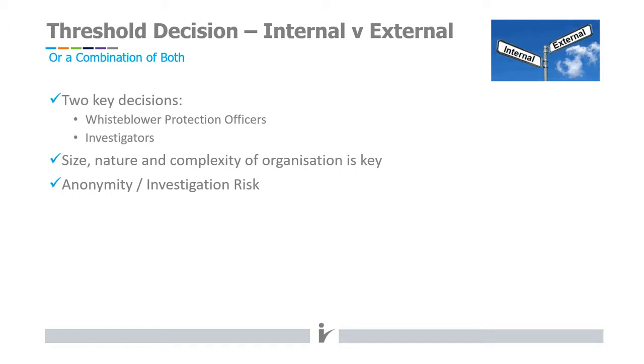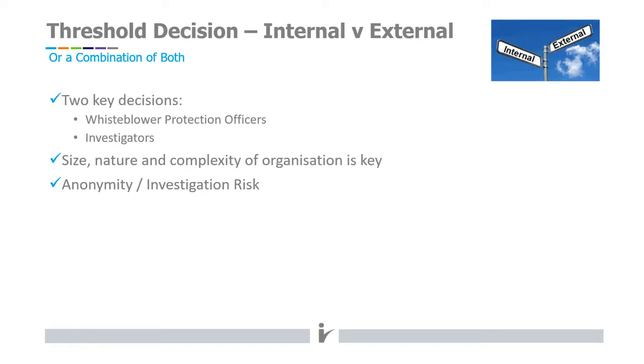If you are a very small school, that doesn't work very well, does it? Because if you say blow the whistle to the principal and to the chair of the board and everyone knows each other, it doesn't really work. So the smaller that you are, interestingly enough, the greater the argument that you should use an external whistleblower service.